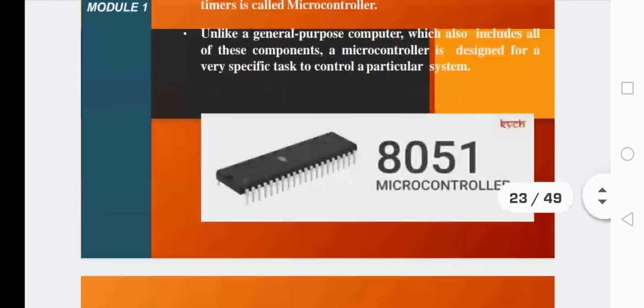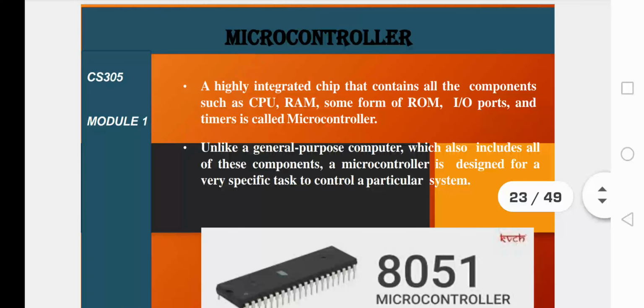So in that context, you can differentiate it from a microcontroller. The microcontroller tries to avoid the drawback of the microprocessor. It is a highly integrated chip consisting of everything that is required for the processing of a particular operation.